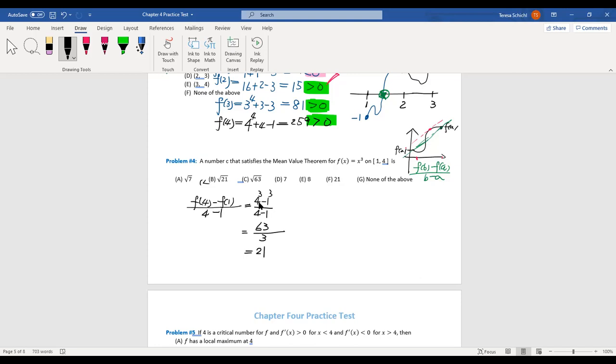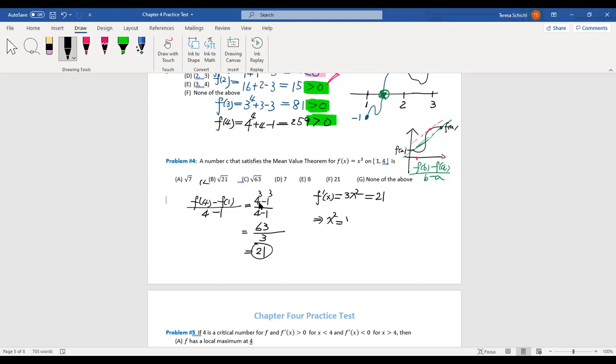All right. Then they say you're going to have a tangent line. So what does a tangent line mean? Tangent line means it's the derivative, right? So you got 3x squared. They say you're going to have a tangent line, and you should be able to find the C value here, with the same slope. So 21 here, right? So that's why I got x squared is equal to what?